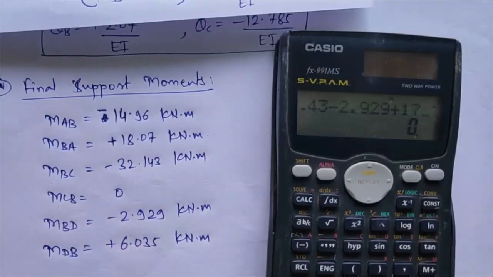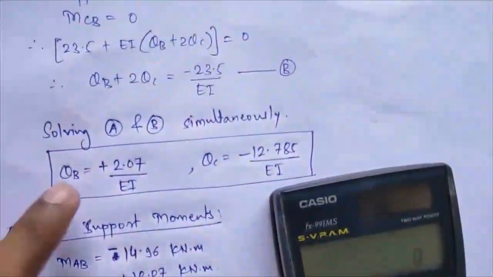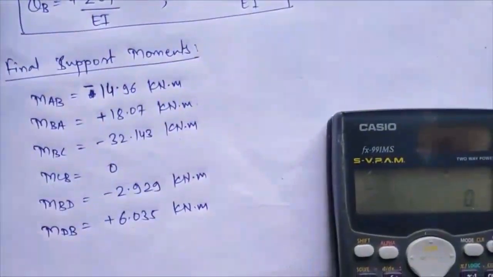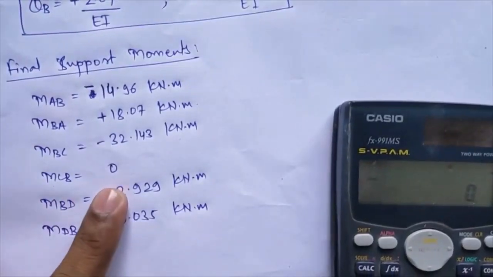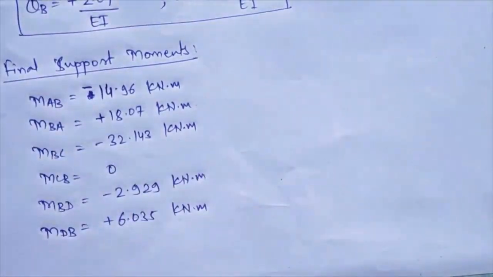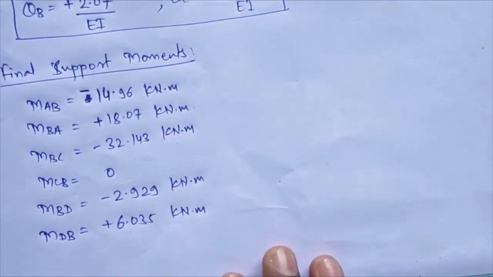All these terms shall come equal to 0. I am getting almost 2 into 10 raised to minus 3, that is 0.002, so almost it is coming equal to 0. So our first condition is satisfied. My second condition is at support C, MCB shall come equal to 0. If you observe the value of MCB, I am getting that directly as 0, or you will get 10 raised to minus 3 terms, 0.00-something.